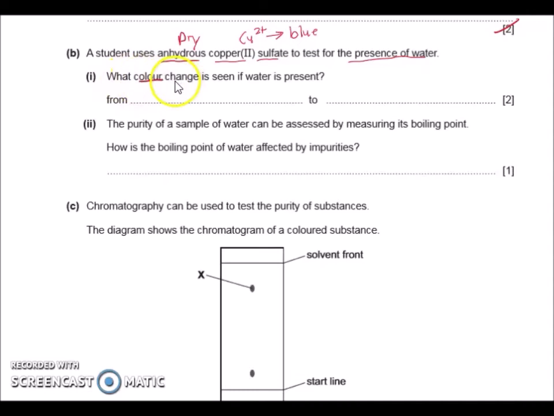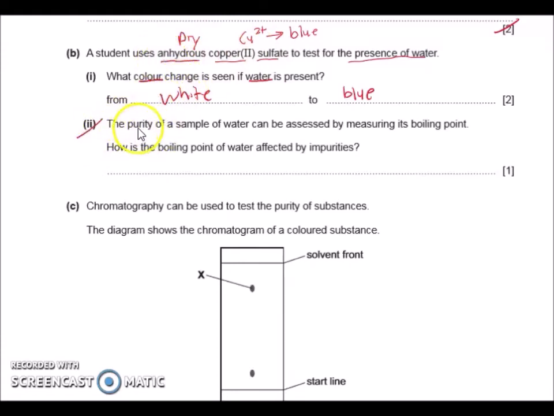So what color change is seen if water is present? It will change from white to blue. This is like a salt. All salts in the dry state are white in color.